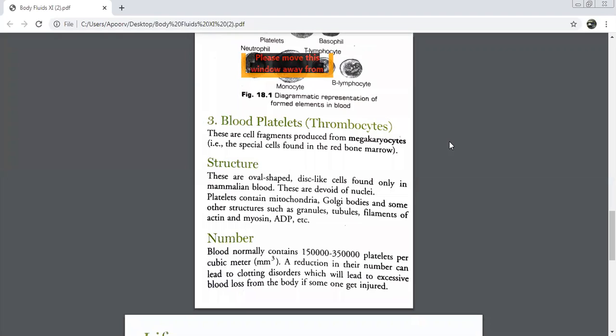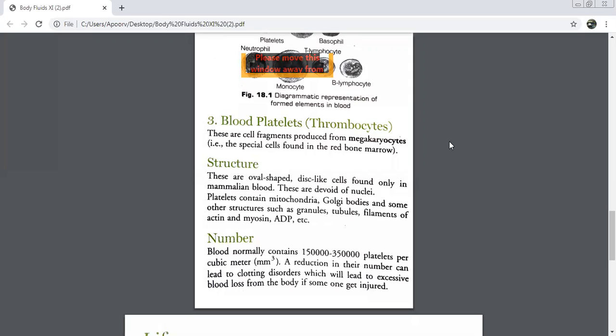RBCs are biconcave and disc shaped, whereas WBCs are amoeboid by nature. RBCs cannot diffuse through the capillary wall, whereas WBCs can diffuse. RBCs form rouleaux, whereas WBCs don't, and RBCs help in gaseous transport, whereas WBCs help in defensive mechanism.